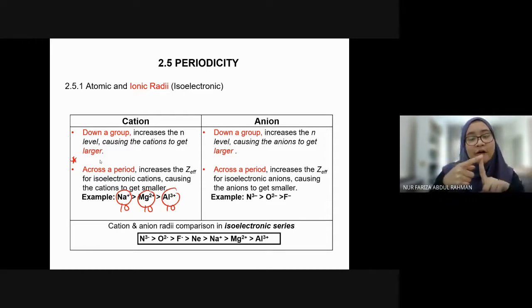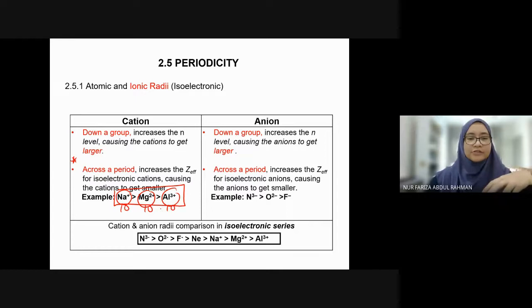And then in terms of Z effective, they are all in the same period, because all of their electronic configurations are the same. This means when they become ions, they have the same highest principal quantum number.